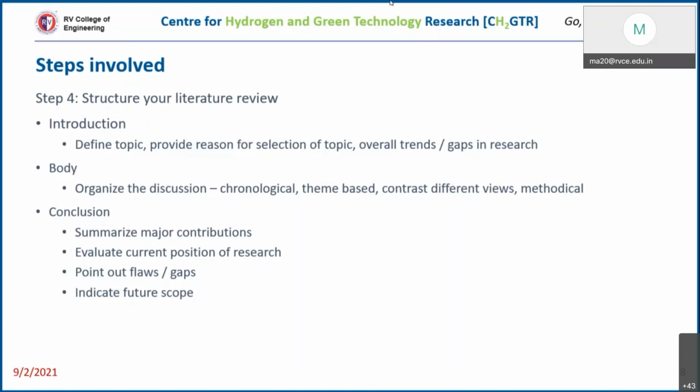So replication of the results, is it possible? Repeatability, is there repeatability? Like that, there are many aspects that should be satisfied by a researcher before publishing his work in a journal. So these standards are high in case of Q1 and Q2.